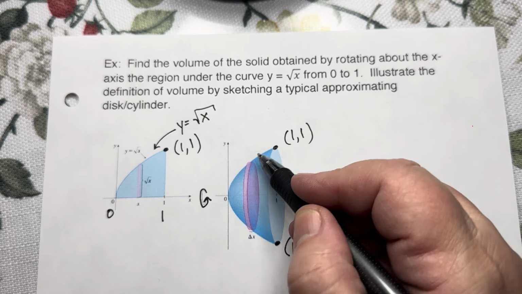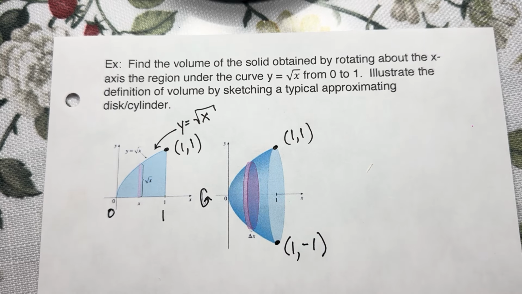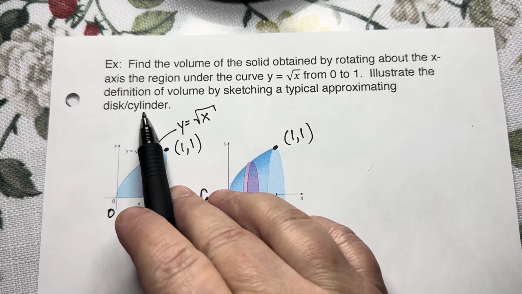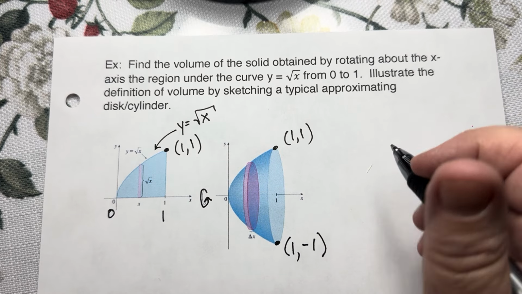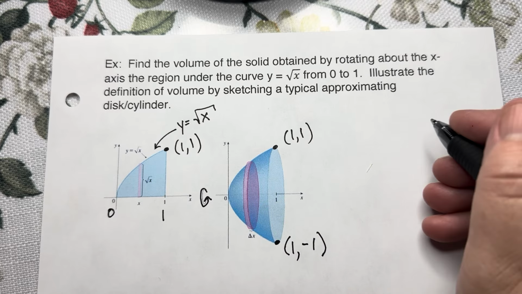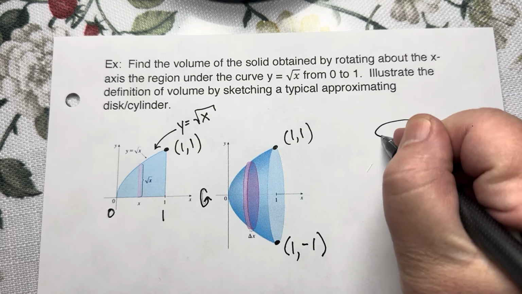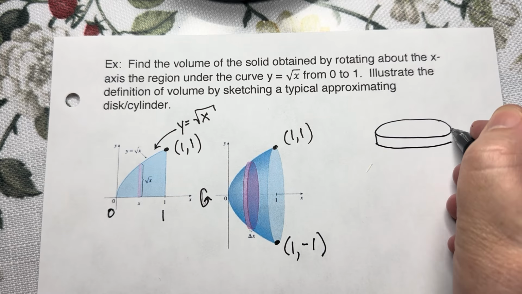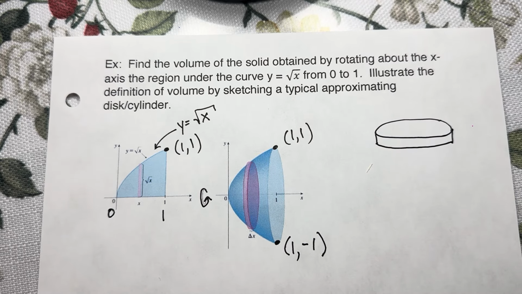And so we've got this beautiful drawing I stole from the book, and it says sketch a typical approximating disc/cylinder. So the book and I had different instruction, and so we disagree about whether this is a disc or a cylinder. It can be seen as both.